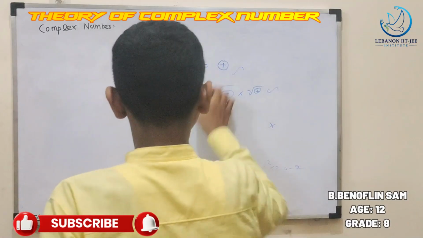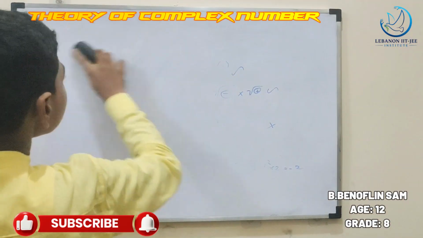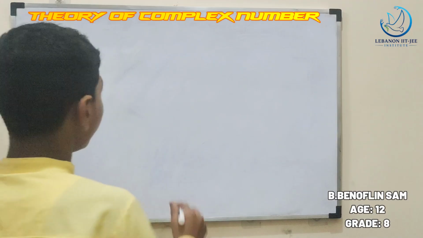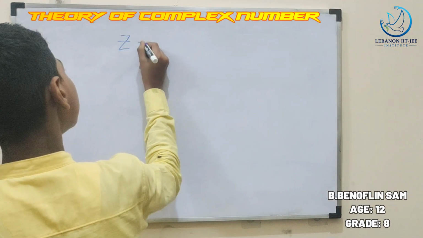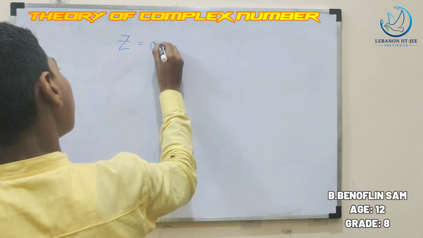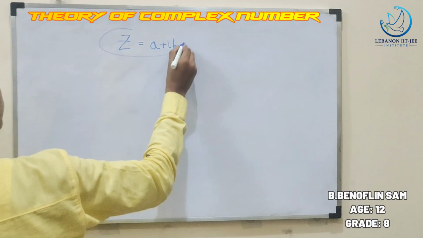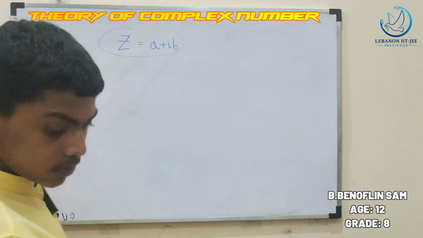So we're going for the next one. One formula: z is equal to a plus iota b. Remember this, it is very useful.